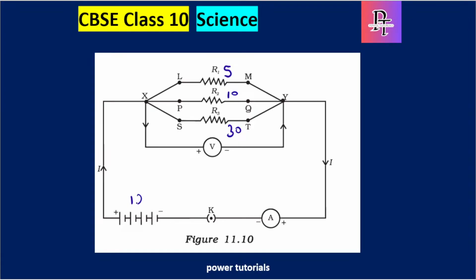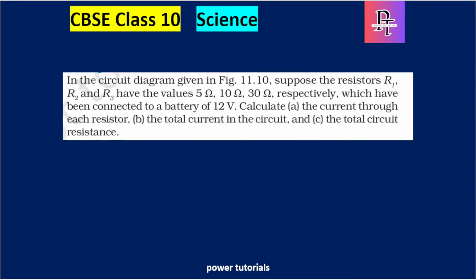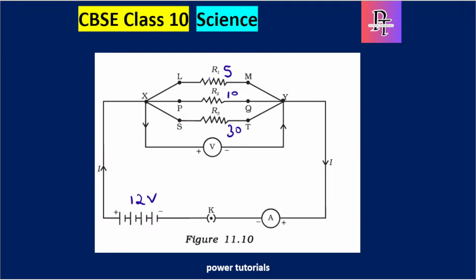They are asking to calculate the current passing through each resistor, the total current in the circuit, and the total circuit resistance. So I want I1, I2, and I3, that is the current across the 3 elements: IR1, IR2, and IR3.